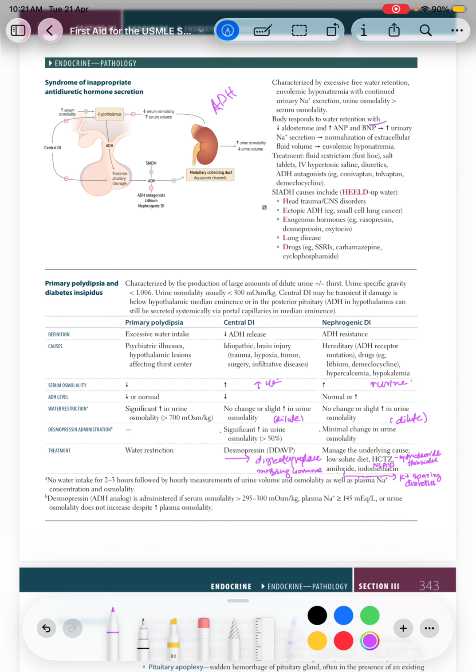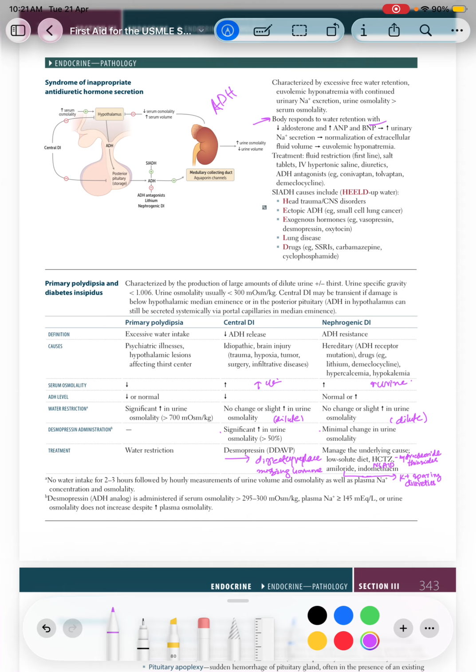Now, how does the body balance the system? The body responds to the water retention by decreasing the amount of aldosterone and by the release of ANP, atrial natriuretic peptide, and B-type natriuretic peptide. ANP and BNP are released by the cardiac system.